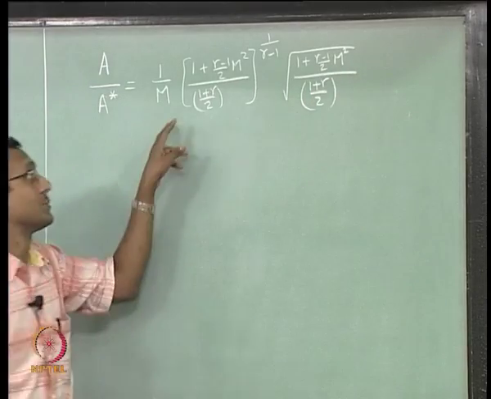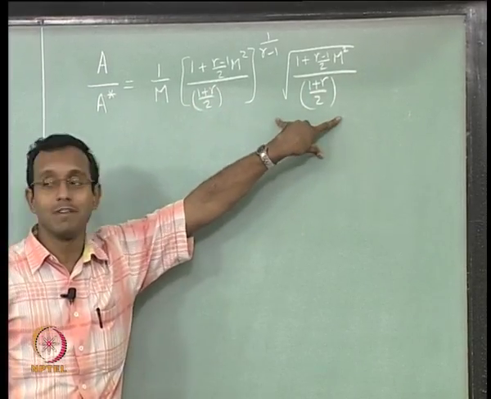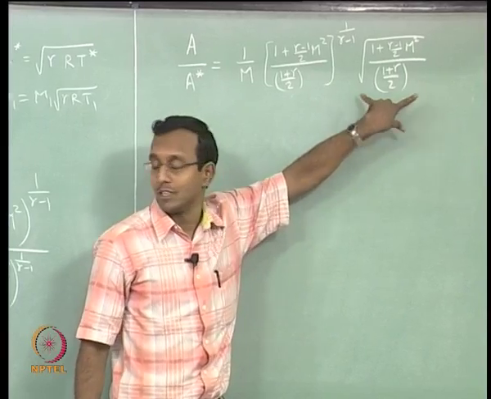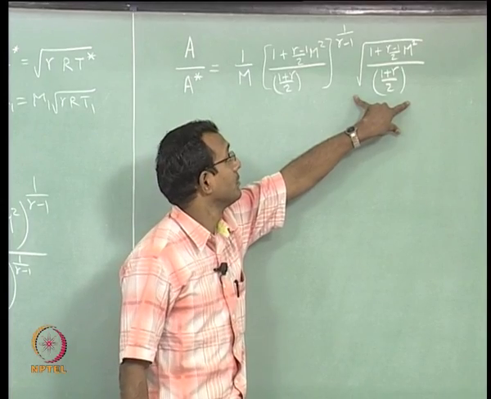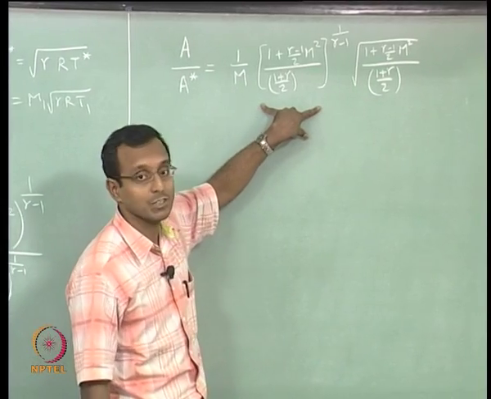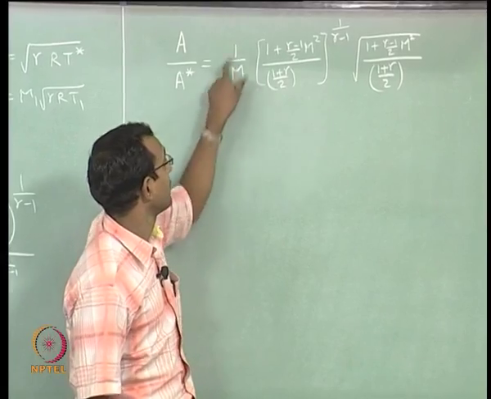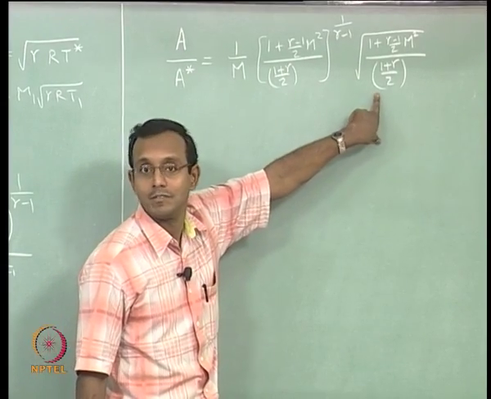It will come out to be this expression, where this part is coming from u star by u, this part is coming from rho star by rho, and this 1 by m is coming from u star by u actually. That is the whole expression you have.